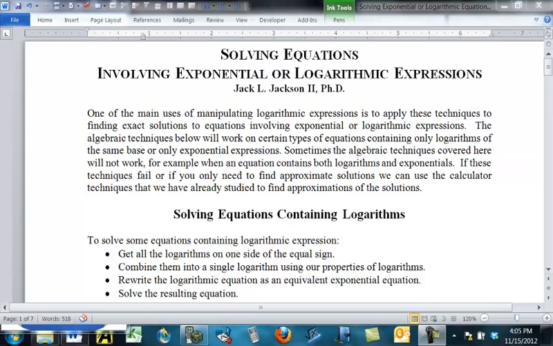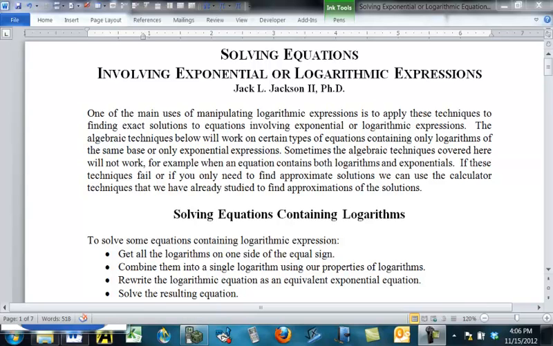But if we have some other situations, these techniques don't work. For example, if you have a mixture of power functions and exponentials, or exponentials and logs, or different kinds of equations mixed together, like polynomials and exponentials, or polynomials and logs, logs and exponentials, usually the techniques that work for one of those subparts will not work altogether, and so we're basically forced to use some calculator approximation techniques.